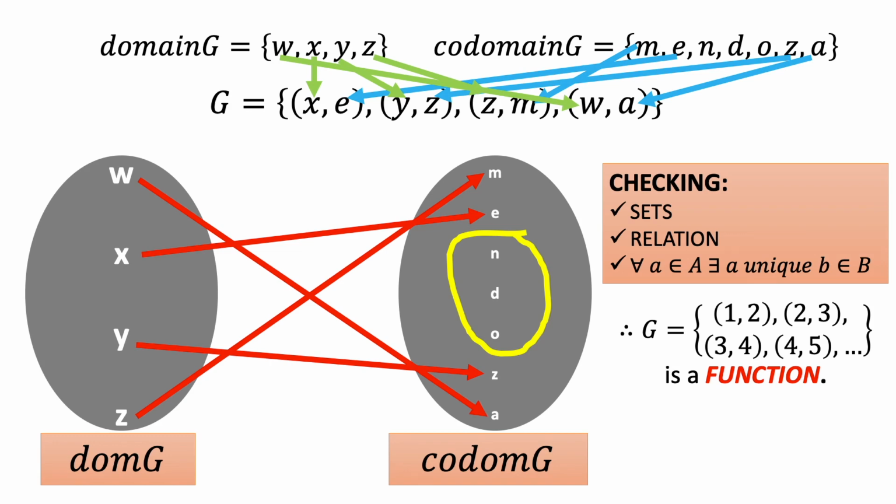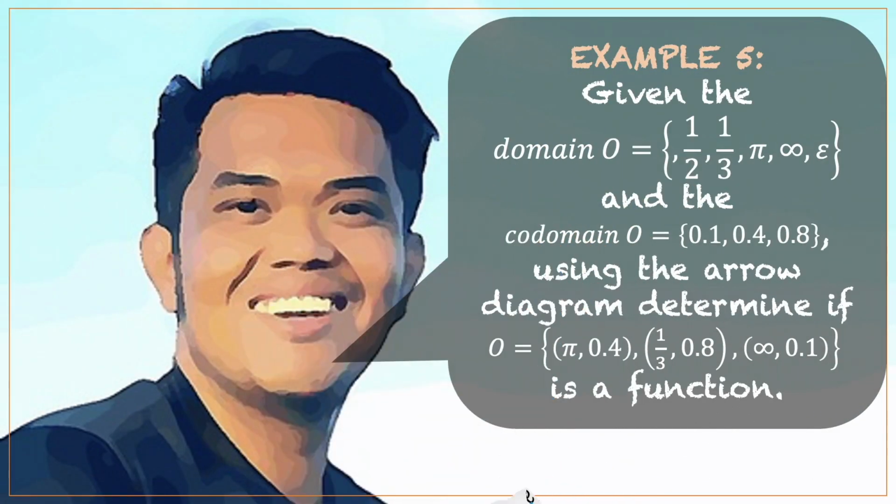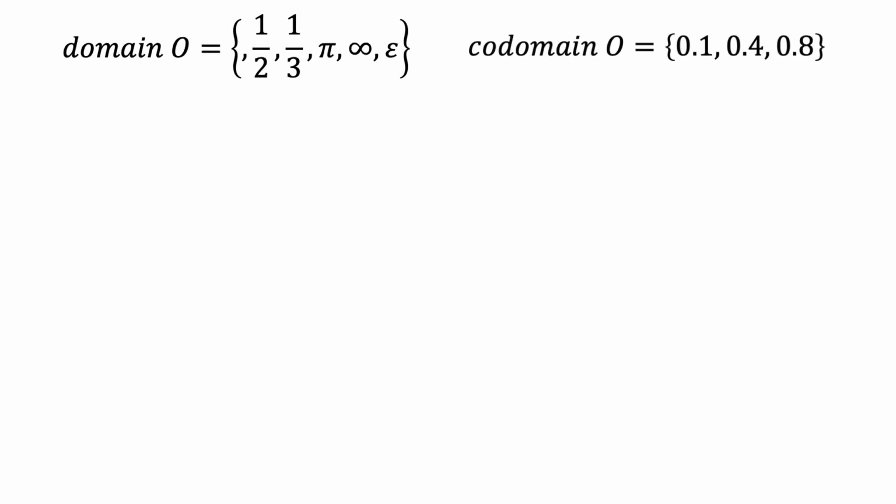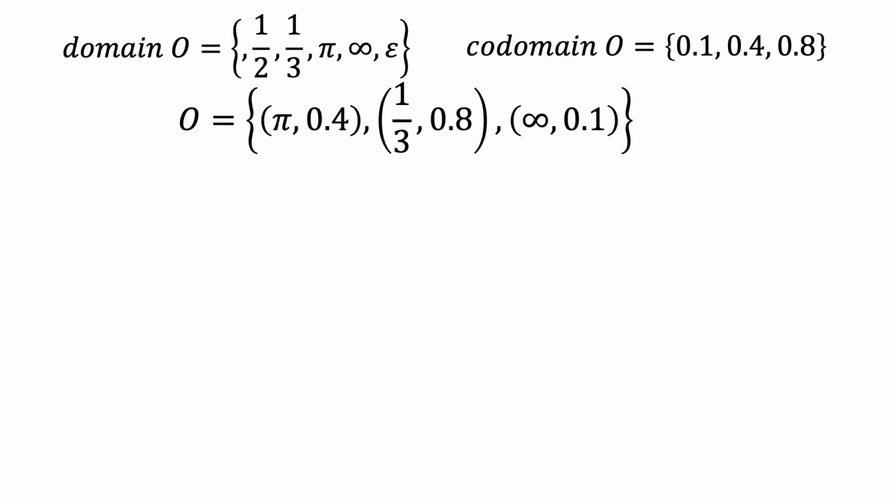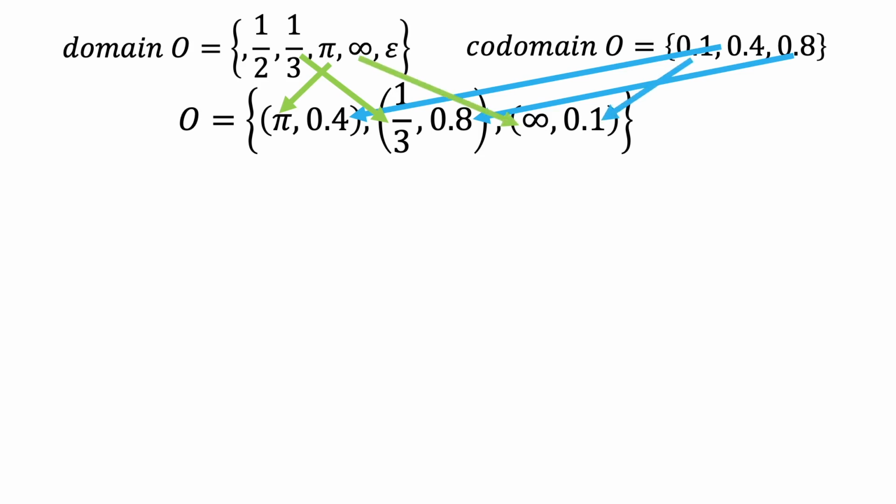Let's now have the last example. Let's determine if set O is a function given the domain O and codomain O. From the domain O and codomain O, set O was formed with ordered pairs such as (pi, 0.4), (1/3, 0.8), and (infinity, 0.1).